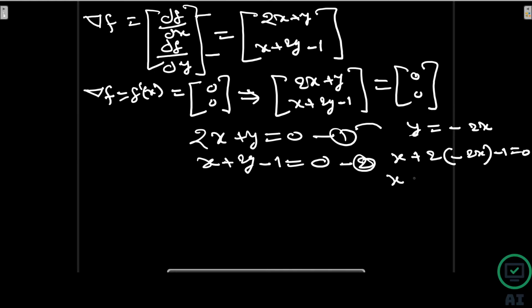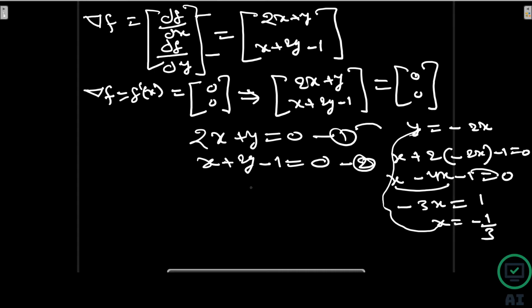So x minus 4x minus 1 equal to 0. If you subtract, this is minus 3x, and if you take this to the other side, this is 1. So x equals minus 1 by 3, and if you put the x value here, y equals minus 2x, so y equals minus 2 cross minus 1 by 3. So this cancels, which is nothing but 2 by 3.